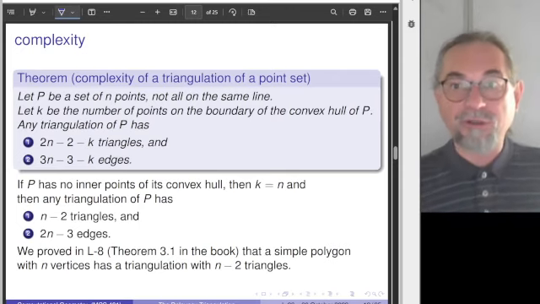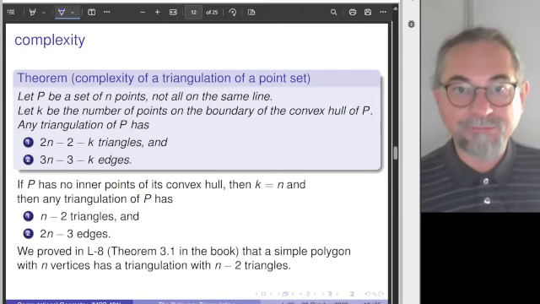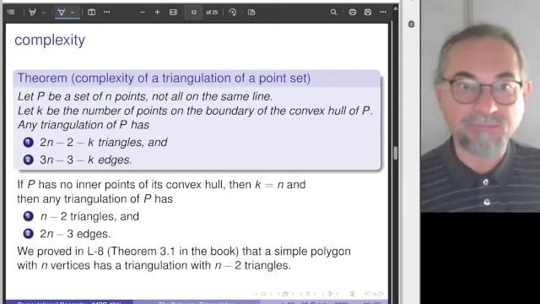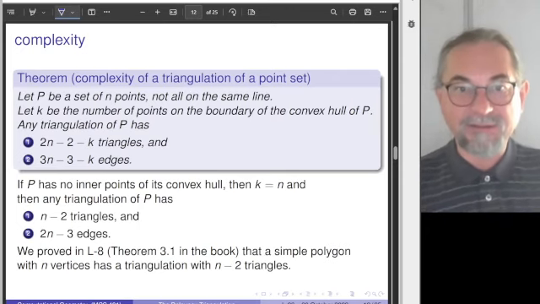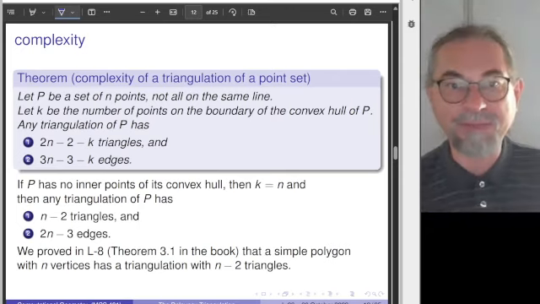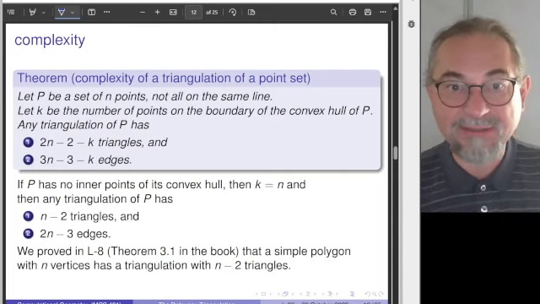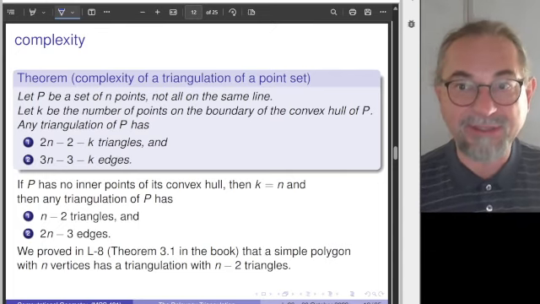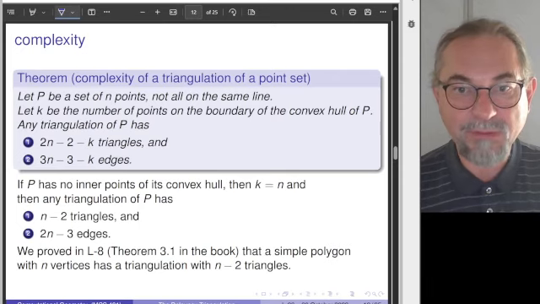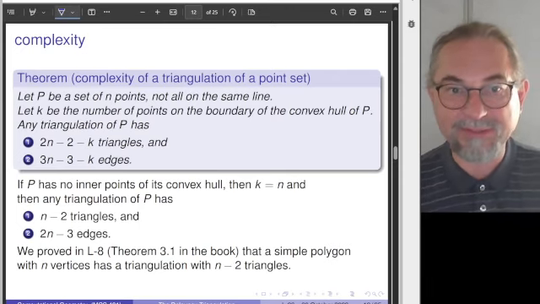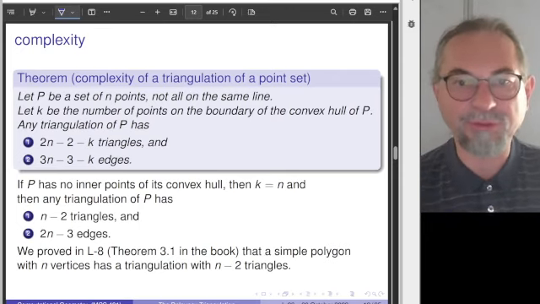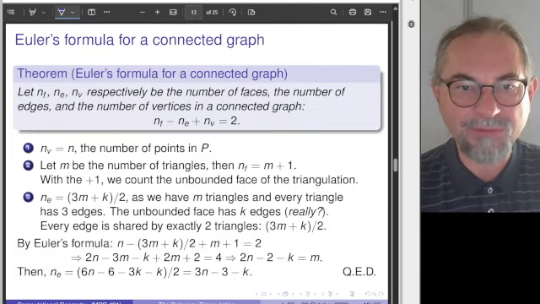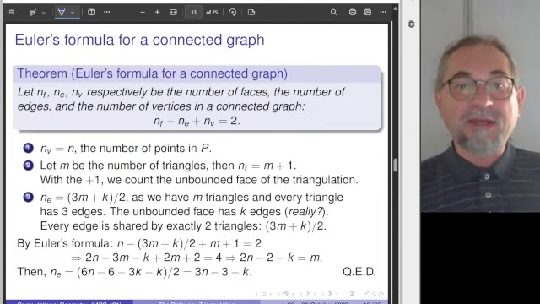So the triangulations we now work with, that have the vertex set P, have a complexity that is linear in the input. It's not as simple as the convex points, but it's of similar complexity. Okay, how do we prove this?